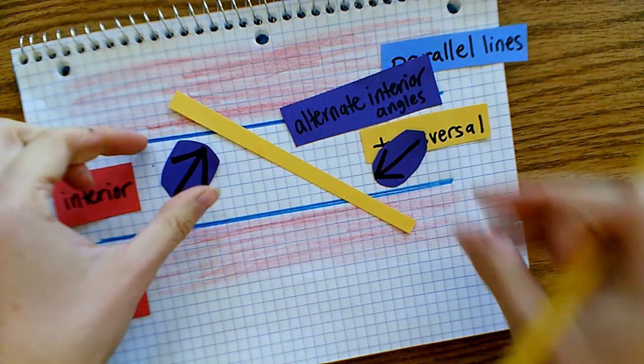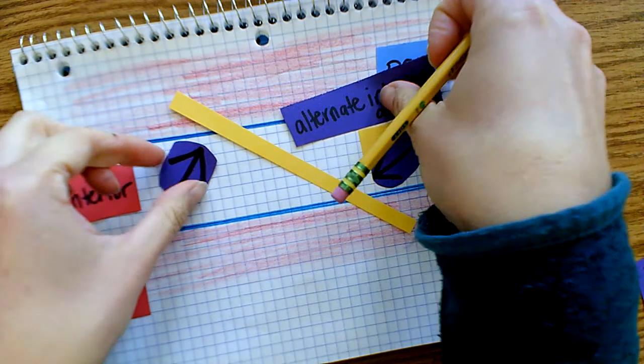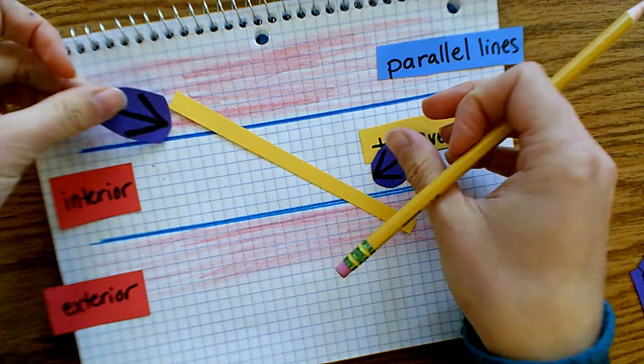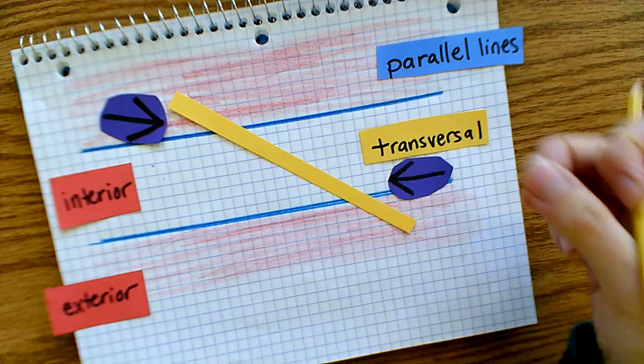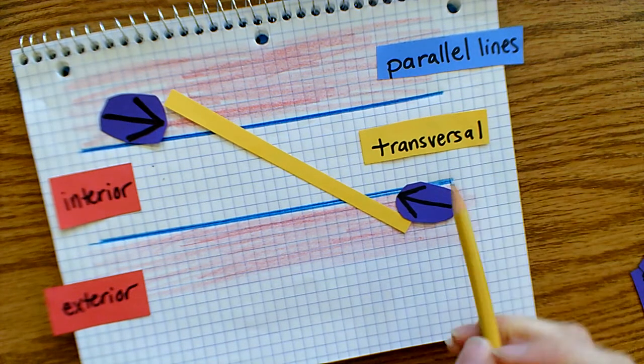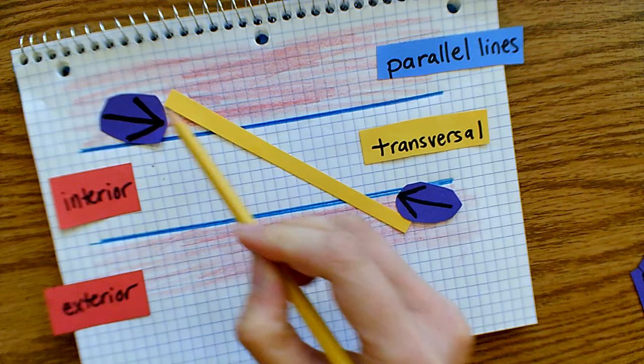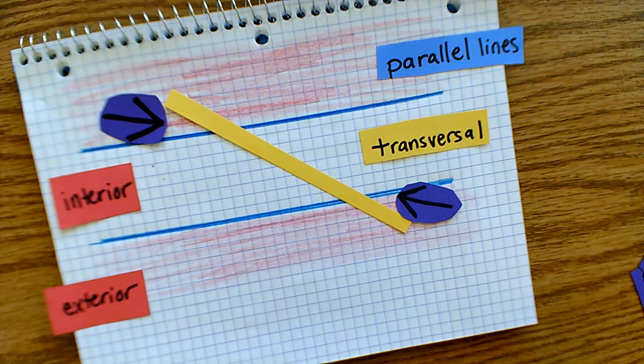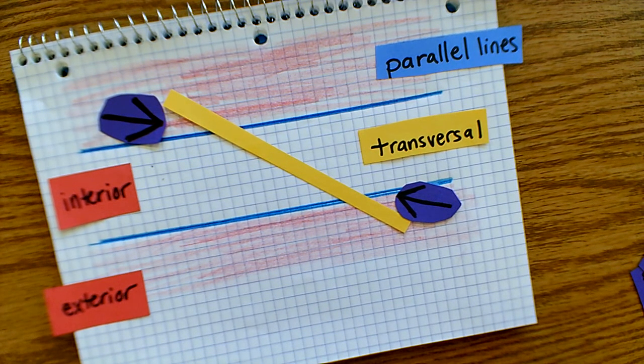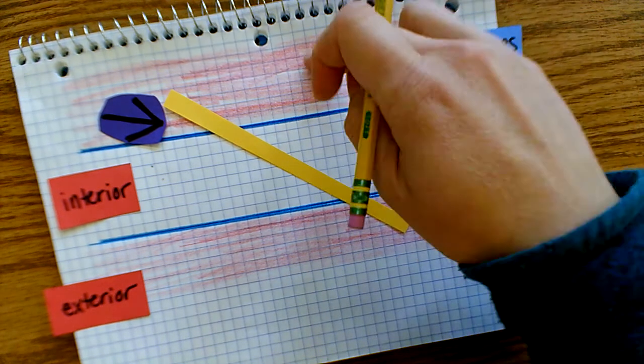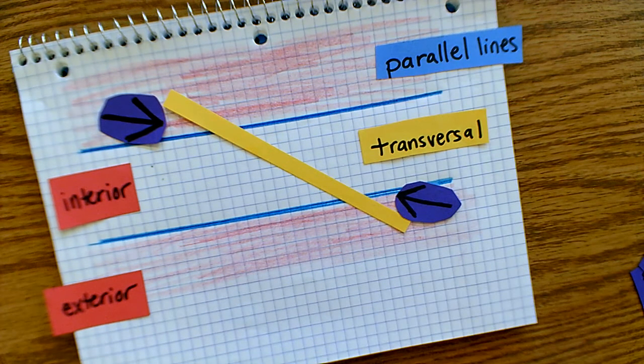Now let's look at these angles right here. These little guys. Look at the little angles formed there and right there. Right here and right here. Now, are these angles in the interior space or the exterior? Well, I can see by my shading that they're both in the exterior.